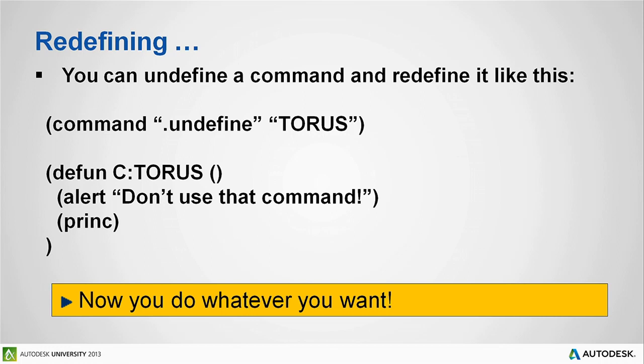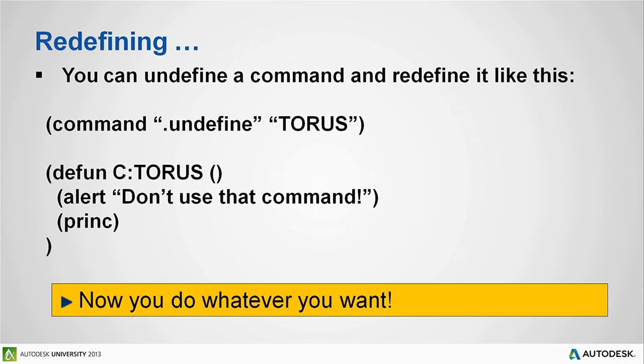But by undefining the torus command here, then redefining, which one wins? Now mine wins. So now the user goes and hits the torus icon on a ribbon element. What happens? The alert box pops up. If they don't know about the dot, it's checkmate, right? I've got full control of it.